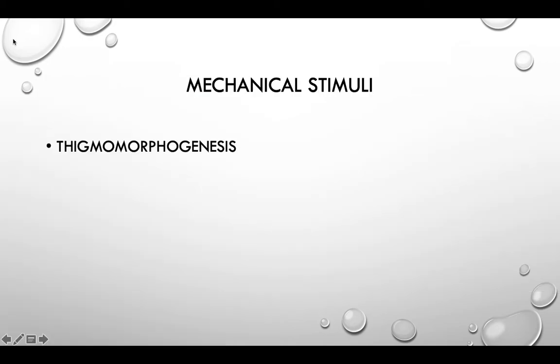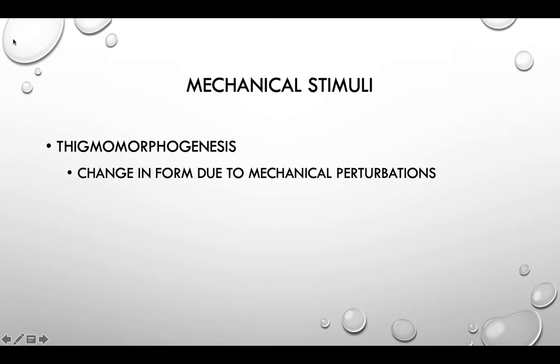Next one, mechanical stimuli. Thigmomorphogenesis, big word, I know, is how a plant changes in form due to mechanical perturbations. And this one, thigmomorphogenesis, can lead to stunted morphology. And we know what morphology is.